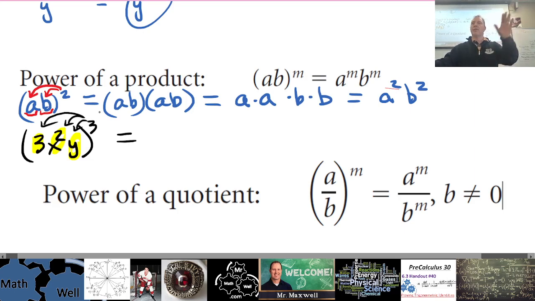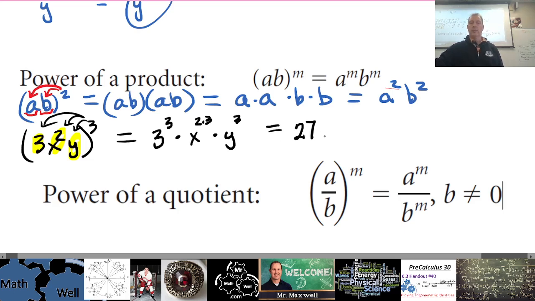Not the case if they're added or subtracted, only if they're multiplied. So I can write 3 cubed times x to the 2 times 3 times y cubed. The answer here is 27 x to the 6 y cubed. That's my answer.